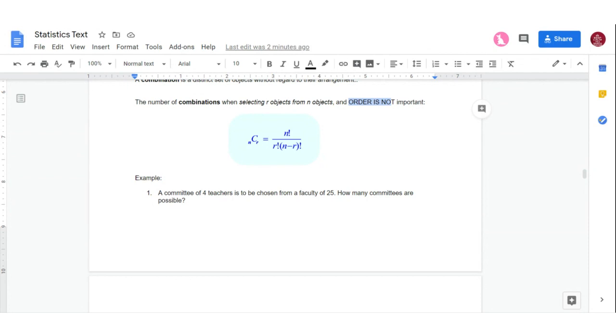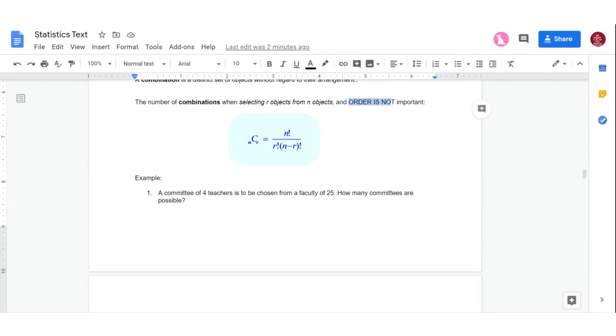What that effectively does, if order is not important, is divide out some of the ones you have from the permutations, and therefore you have fewer combinations than you would for permutations.